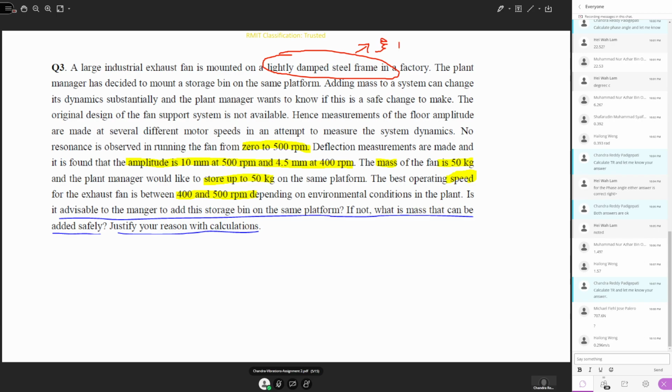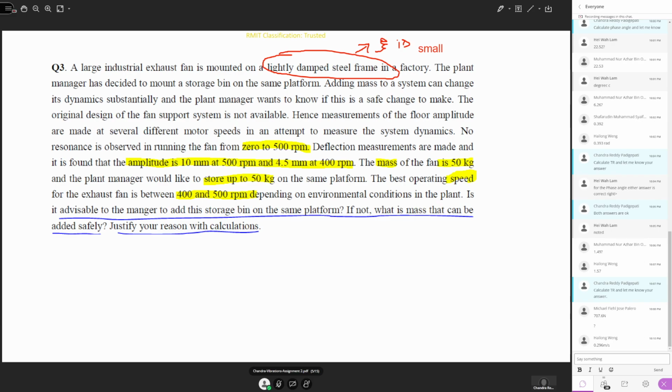So when it says lightly damped steel frame, we can take it that the damping ratio is small for the steel frame material. Okay, the plant manager has decided to mount a storage bin on the same platform.